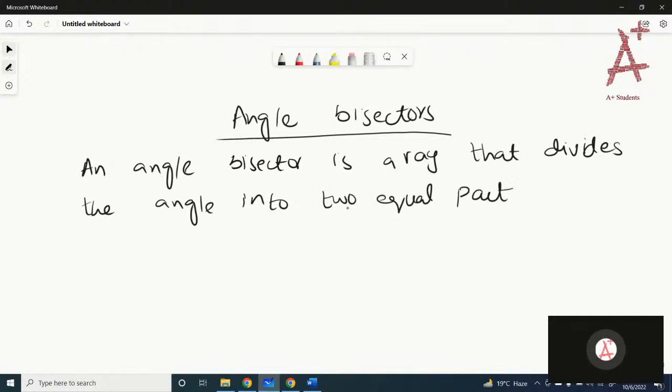So what is an angle bisector? An angle bisector is a ray that divides the angle into two equal parts. That means the parts are equal. Got it?